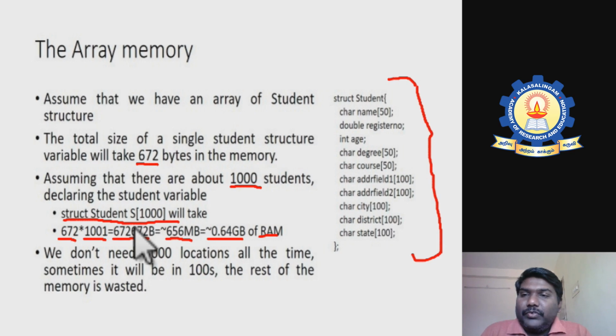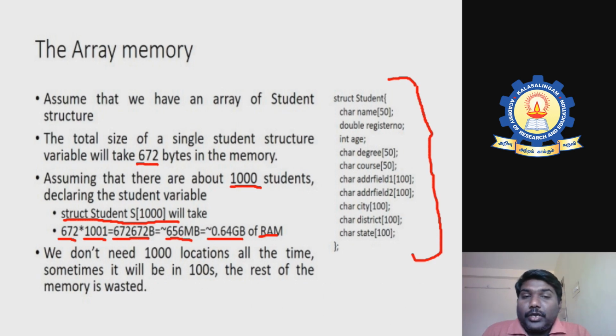That's a very big problem in C. Again, not in all cases will we use these 1000 locations. In some cases the number of students will be 100, in some cases 10 or 20 or 200 or something else. So the rest of the space is unnecessarily allocated and we are not going to use it in this program. That's a very big problem when we are statically assigning variables in C.